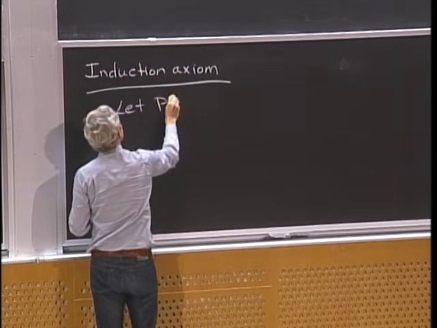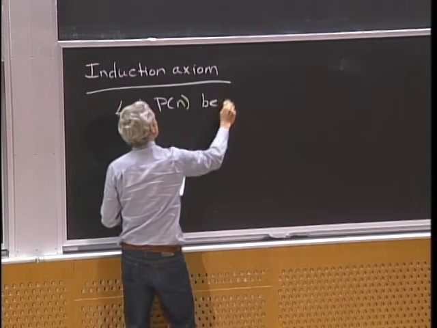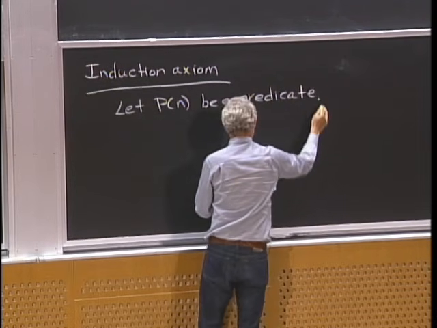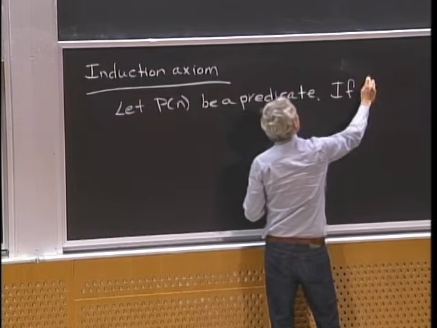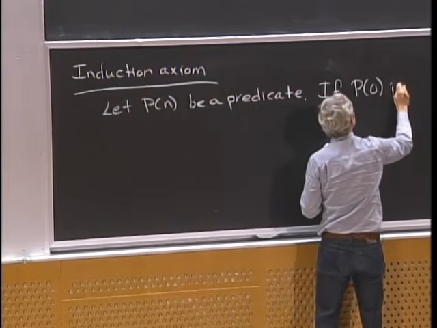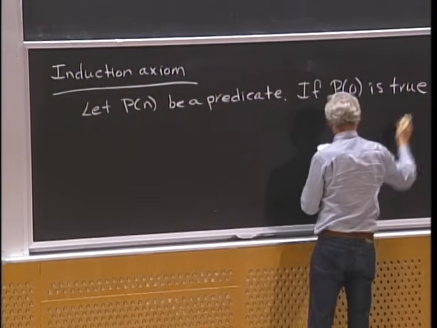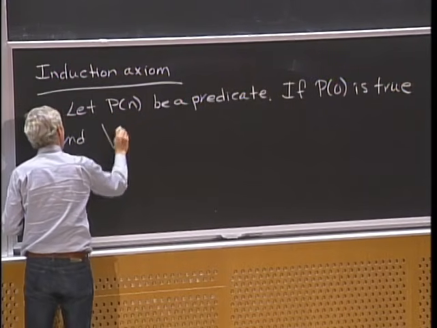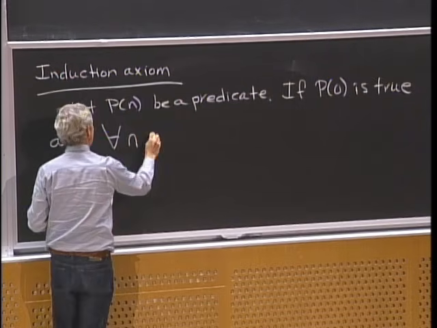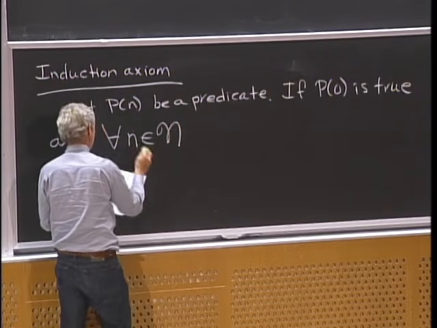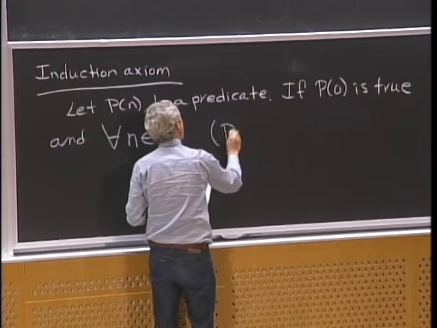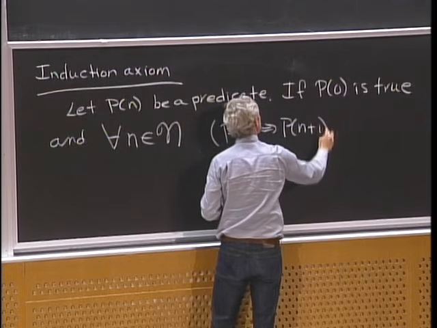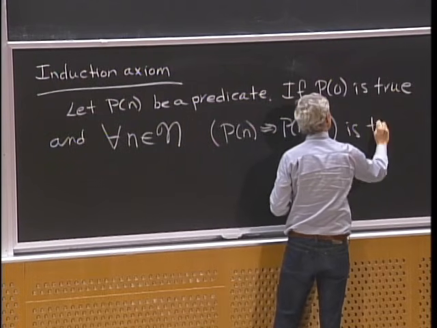Let P(n) be a predicate. If P(0) is true, and for all natural numbers n, P(n) implies P(n+1) is true.